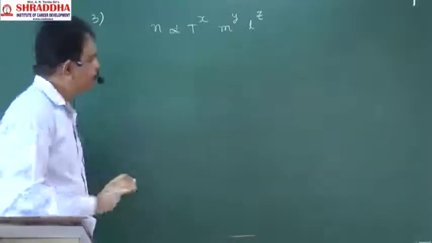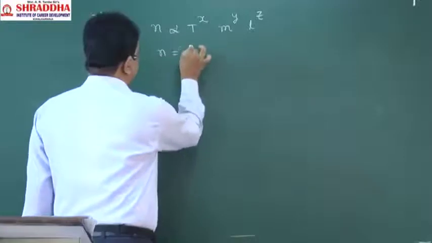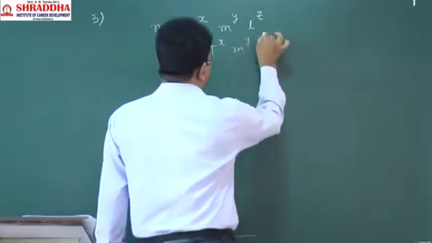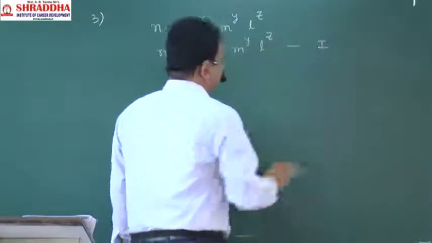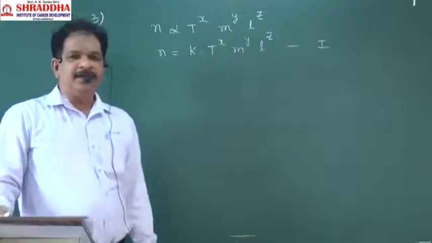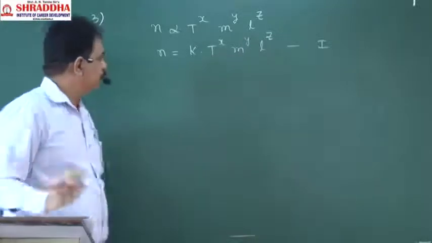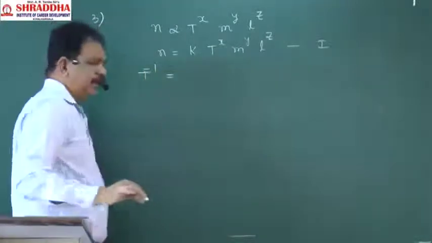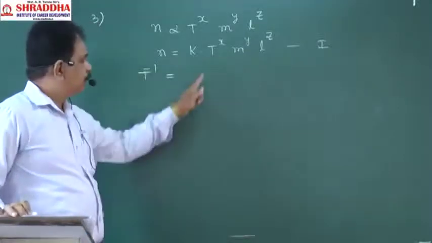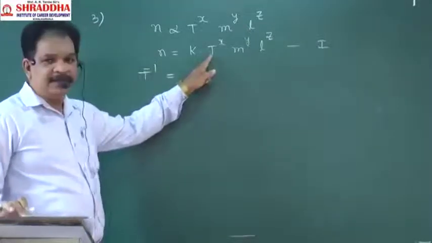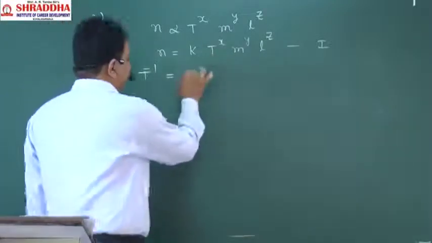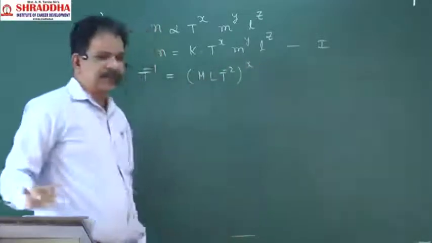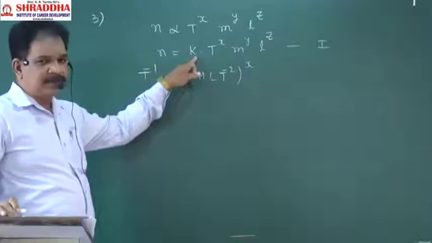So here what we will get is N is equal to K into T power X, M power Y, L power Z. Let it be equation 1. Then write the dimensional formulas on both sides. N is T power minus 1. This T will be tension, tension means force: MLT power minus 2, power X. K is dimensionless.